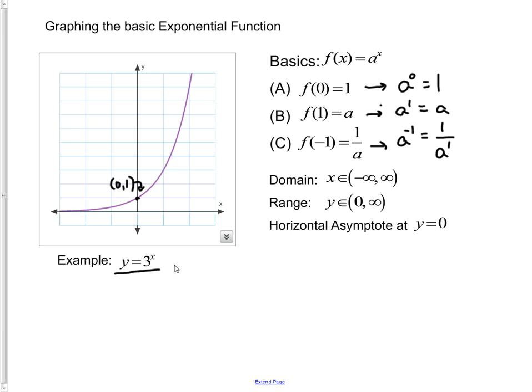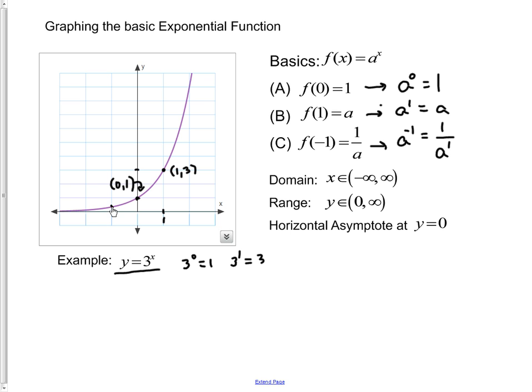So when we say 3 to the 0, of course we're going to get 1. This graph will also pass through the point (1, 3), and that goes along with our second piece, b, where f of 1 is equal to a, whatever the base is. 3 to the first is equal to itself.